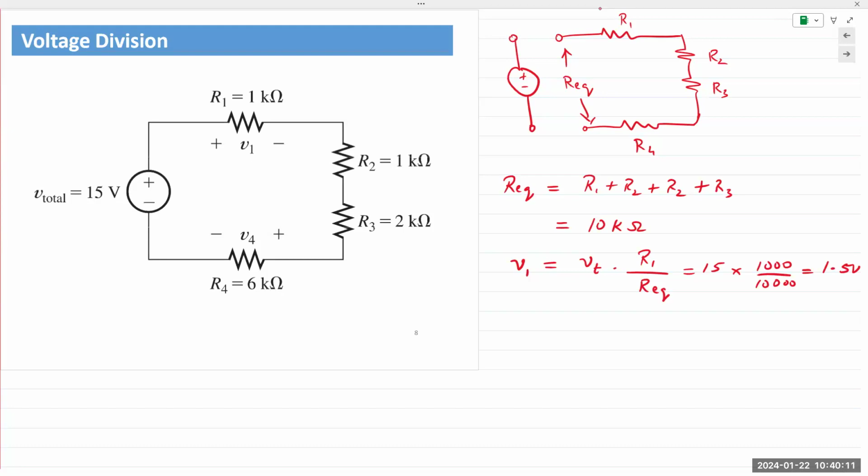Sorry, we apply Ohm's law to find the current, and then we apply Ohm's law again to find the voltage across each individual resistor. This simply allows us to skip one step, right? Voltage division allows us to skip one step. We find Req, reduce the circuit down to one single resistance, and apply voltage division principle. R2 is the same as R1, 1 kilo ohm, so that is also 1.5 volts.